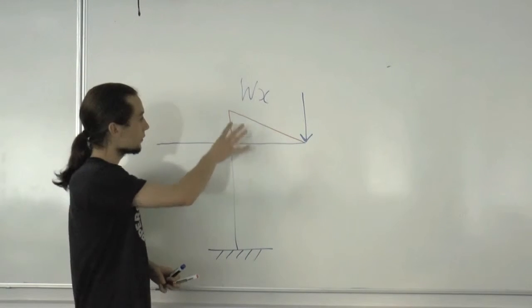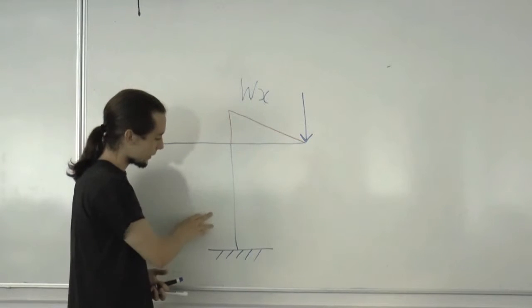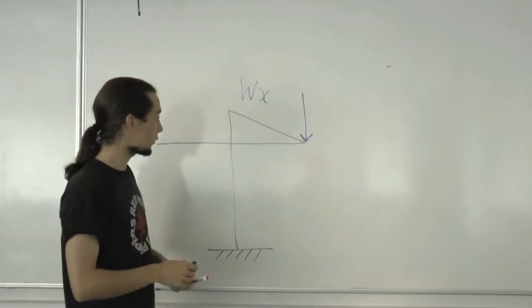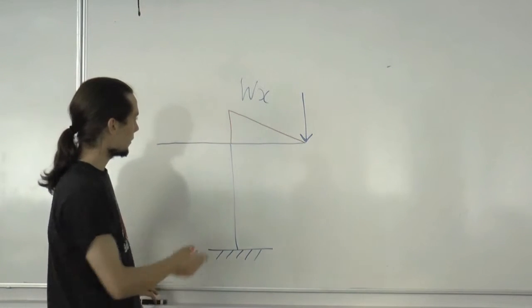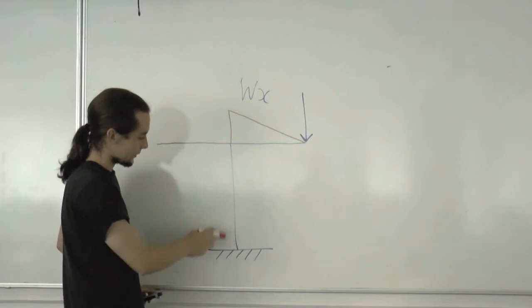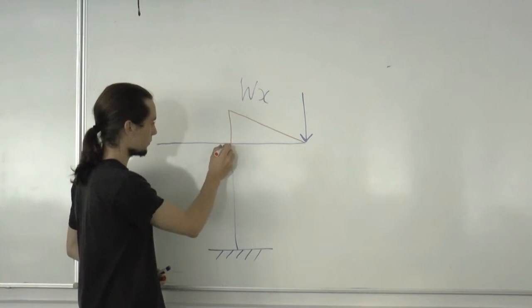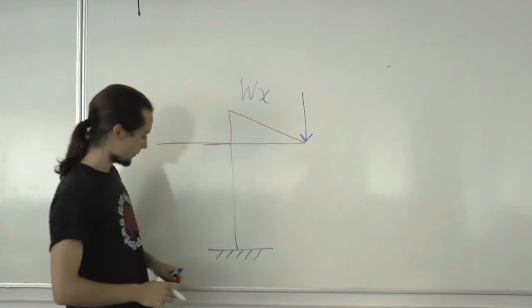But this load is going to have to get down to the ground somehow. It's going to have to get to the ground through the column, and there's this moment, it's going to have to be transferred to the column via bending. Now there's no force acting over this distance here, so we'll have a moment here at the top of the column.